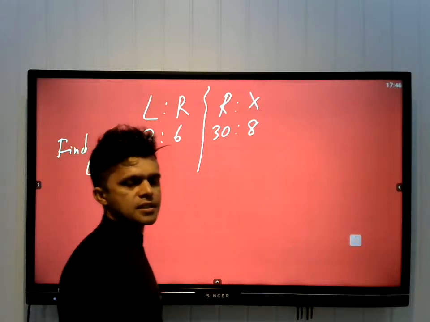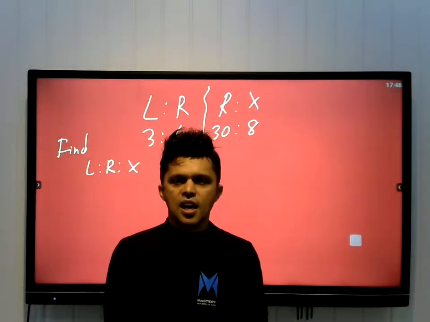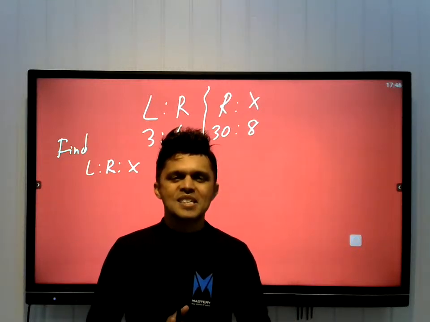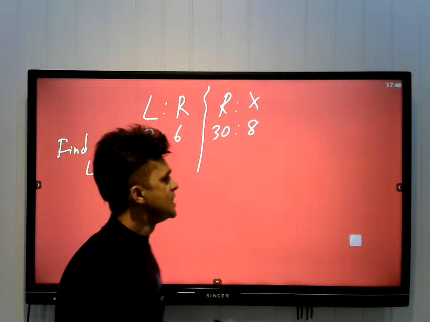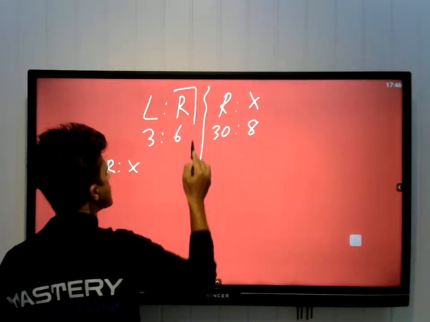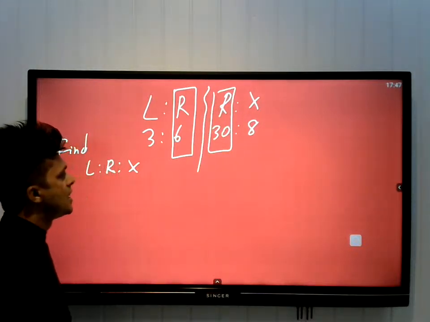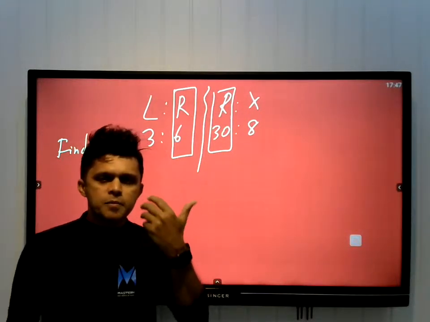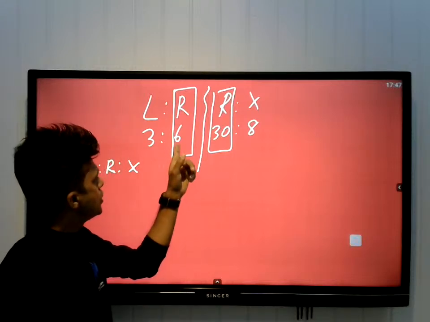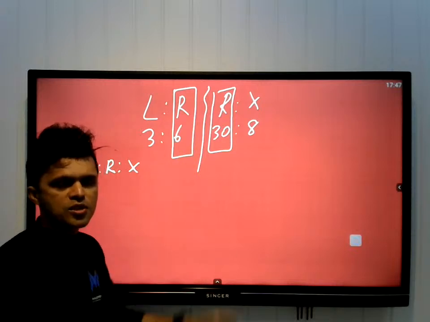How can you combine this? Tell me the way, how do you do that? What is the term that you need to consider here? Here the considered term is R, here R, here R. According to the previous knowledge of ratios, you need to convert this 6 into 30.